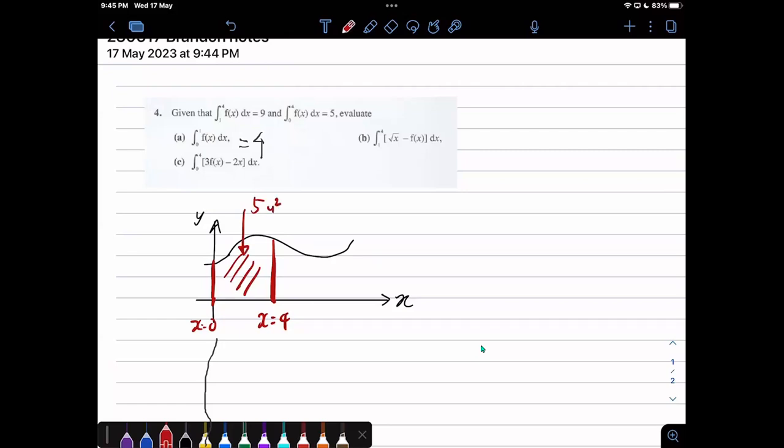Then from 1 to 4 means, maybe I'll use a blue line, x equals 1 to x equals 4. The region there is, let me see, what did they say? 9. Okay. Does that even make sense?